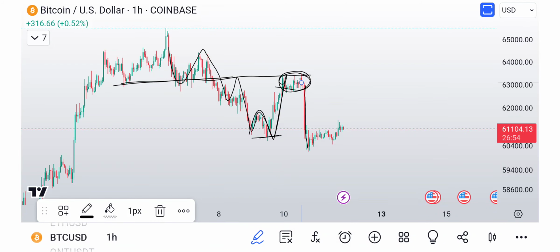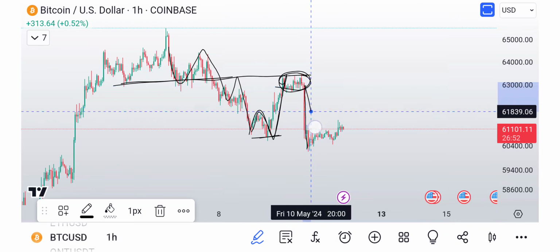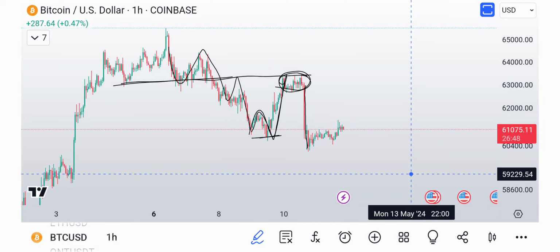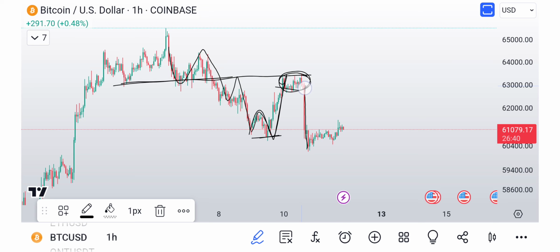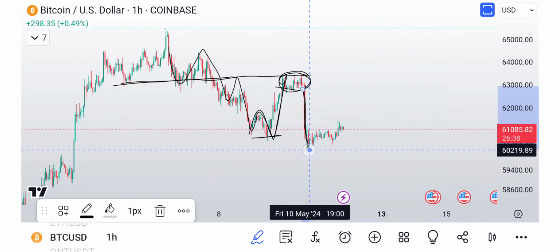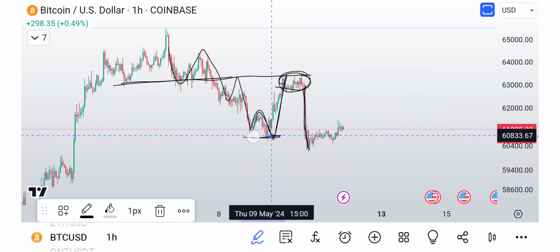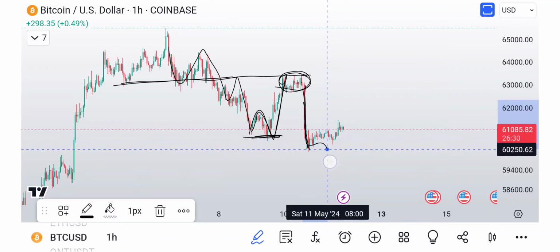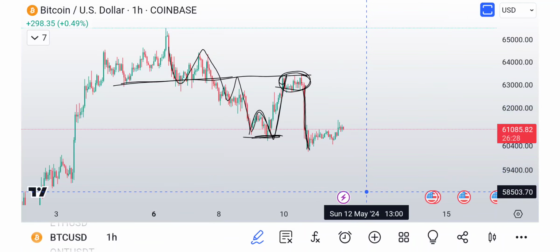But the reason why it didn't do something like this is because you have to take time and sort of divide it by the price, right? If we drop from here to here in a very short amount of time, then it makes sense that we didn't just continue falling.